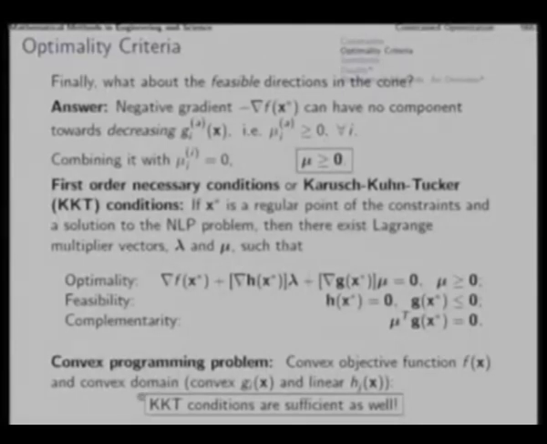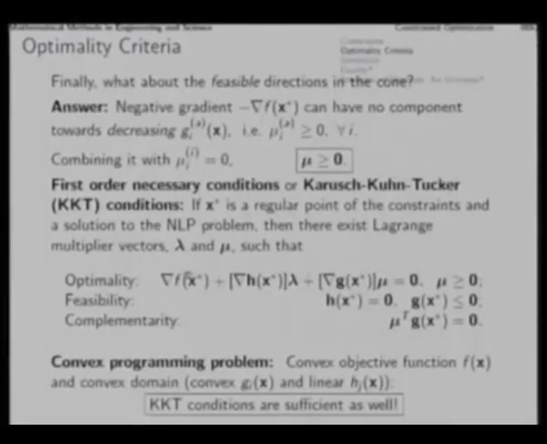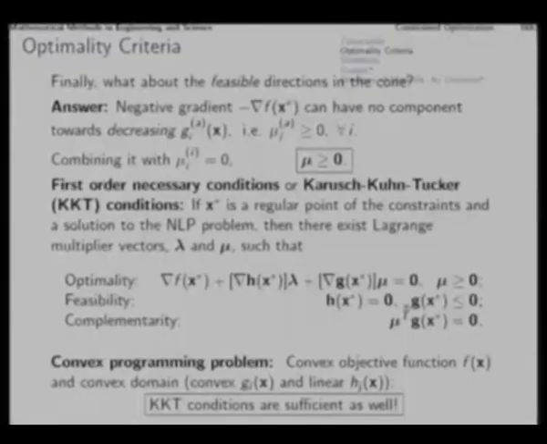So, if you are trying to minimize a convex function in a convex domain, that is, if your problem is a convex programming problem, then these KKT conditions are not only necessary, but also sufficient. But for a general problem, these are not sufficient. For a general problem, you need to consider the second order conditions also to be certain that a point satisfying these conditions is a local minimum point.